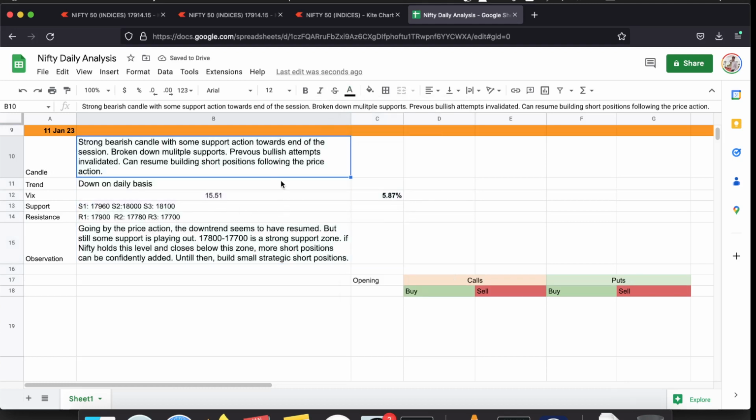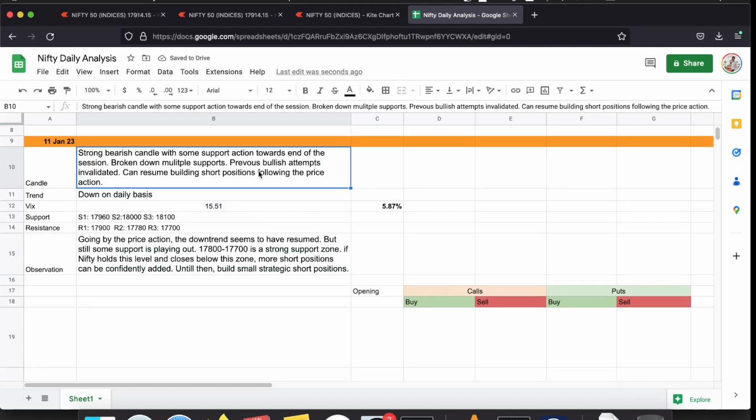Looking at the price action, we can infer that the candle itself is a very strong bearish candle which has engulfed the previous bullish price action. It broke down multiple supports during intraday today. And given that it completely engulfed the previous candle, we can confidently say that the previous bullish candle is completely invalidated.